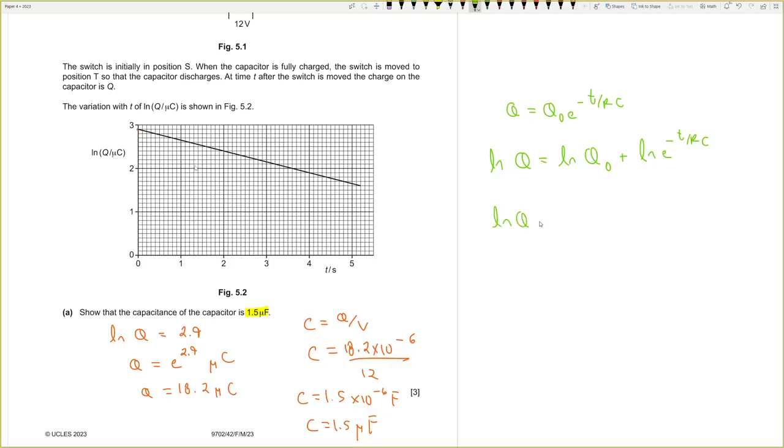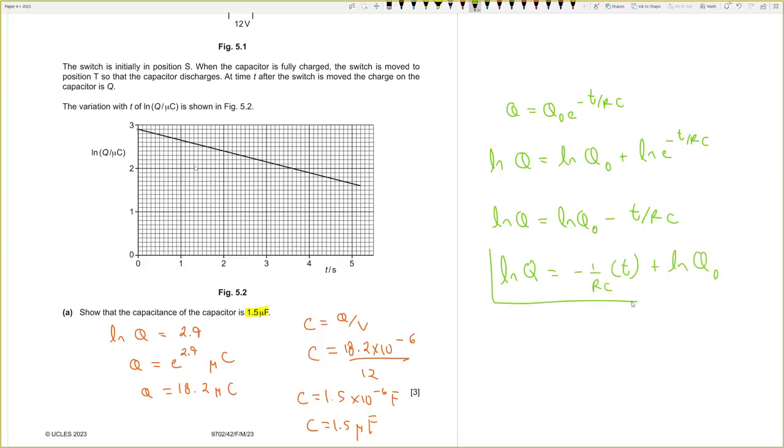So you end up with ln Q is equal to ln Q naught minus t by RC. If you rearrange it, with t on the x-axis, ln Q is equal to minus 1 by RC times t plus ln Q naught.